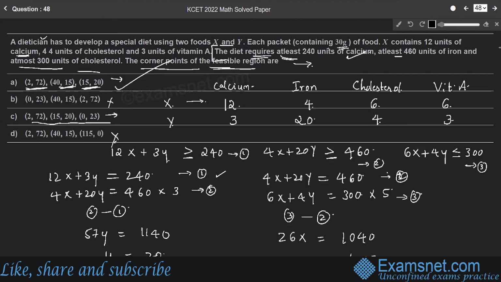The third point is definitely (2, 72). No need to solve equations 1 and 3 separately; if you want, you can verify it. Here we already have 2 points, (40, 15) and (15, 20). So option A is the right answer.